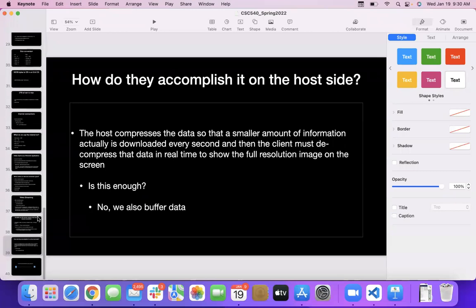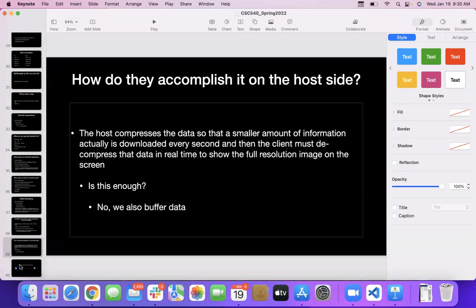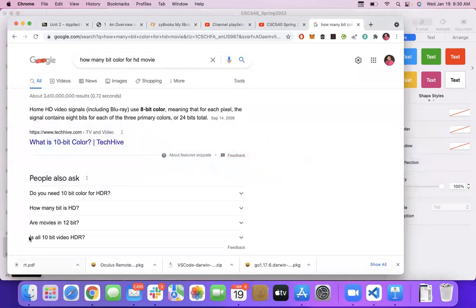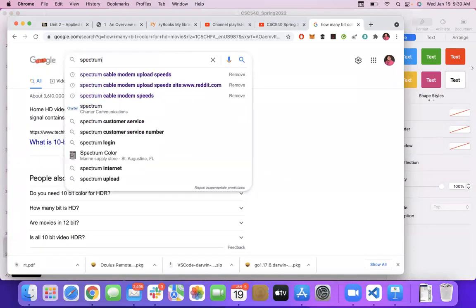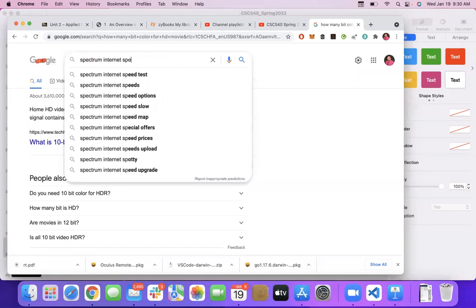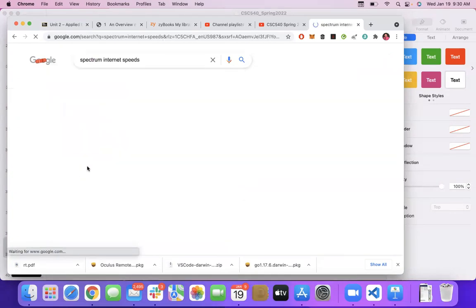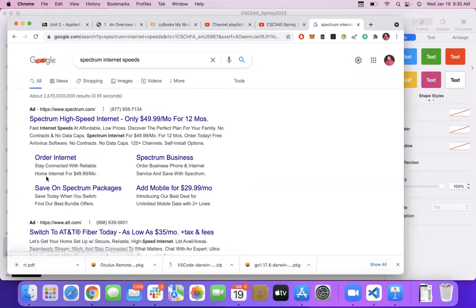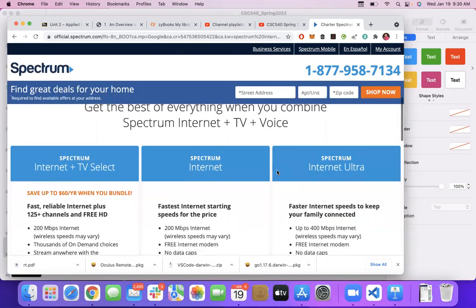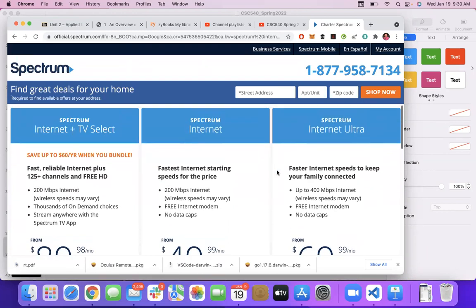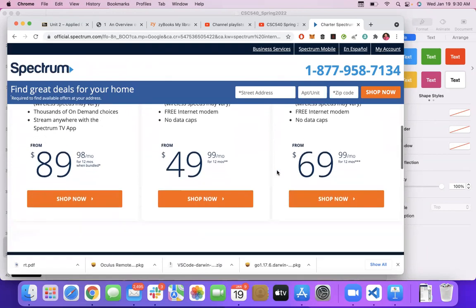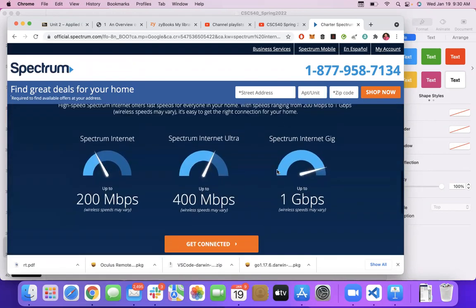I'm going to wrap up here in a second, but ultimately, when we go back and look at Spectrum internet speeds, it's got to give us those options again. Here we go. We had the 200, the 400, and the 1 gigabit per second internet.